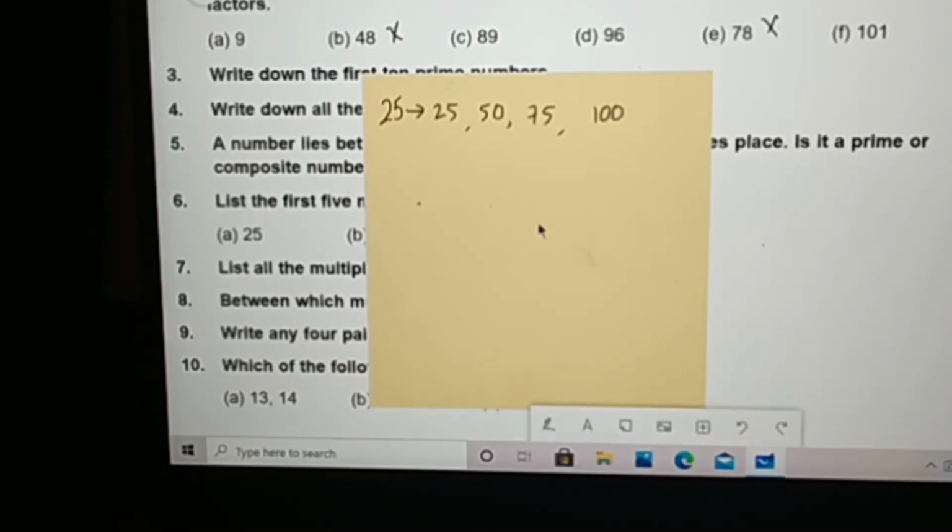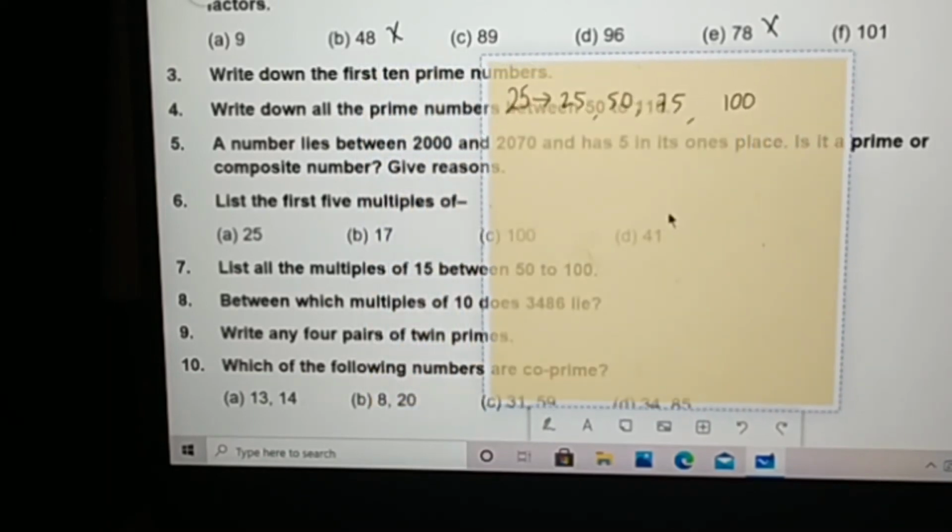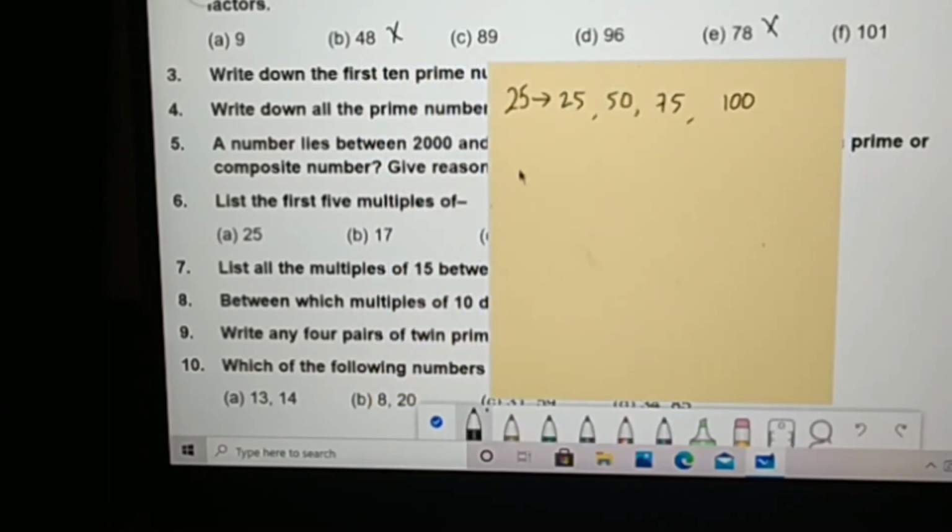And now you have to write down multiples of 17, which is just the table of 17.